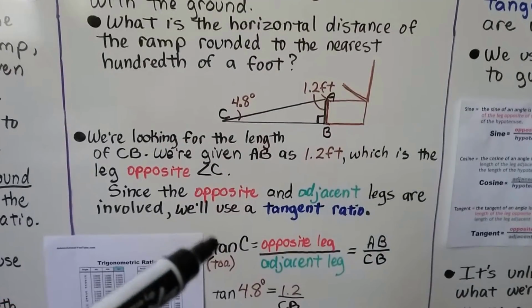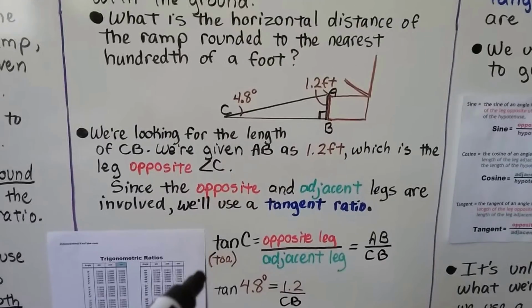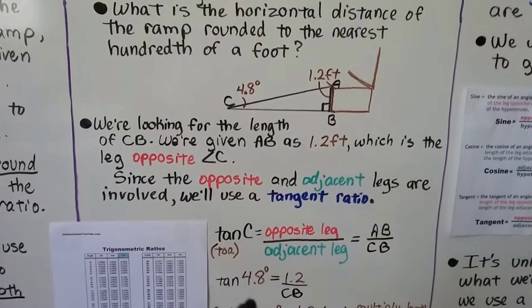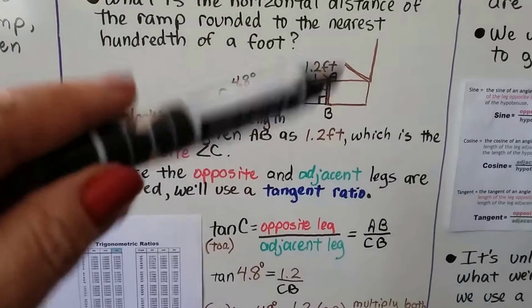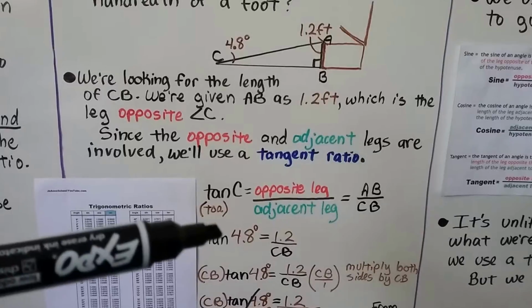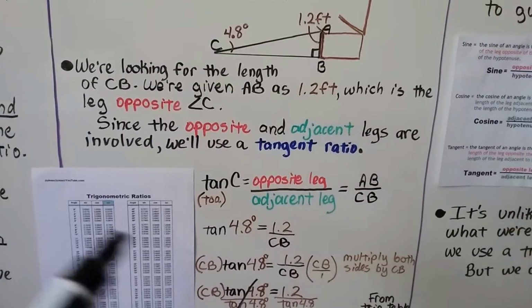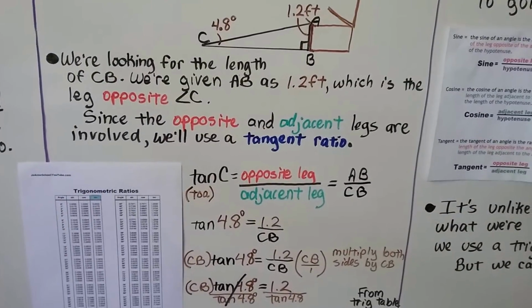So if you remember, we were using SOH CAH TOA to help us figure out which one to do. So the T in TOA would be followed by the O for opposite leg and then the A for adjacent leg. And that would be AB over CB. So the tangent of C would be the tangent of 4.8 degrees, and it would be this 1.2 over CB.